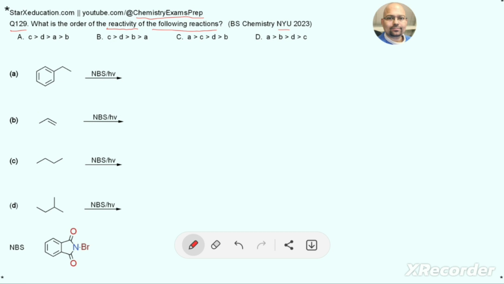So in the first reaction, the substrate is ethyl benzene, which has a secondary carbon and a primary carbon. It is a benzylic substrate. The second substrate here is an allylic substrate.